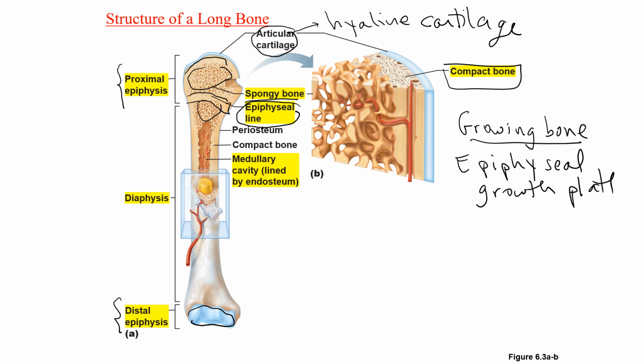When the bone stops growing, the epiphyseal plate has been converted to bone tissue. We then call it the epiphyseal line.